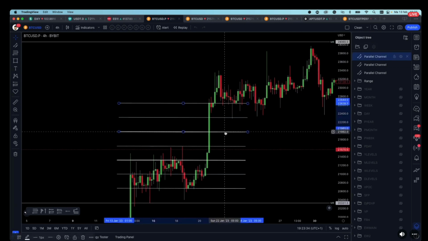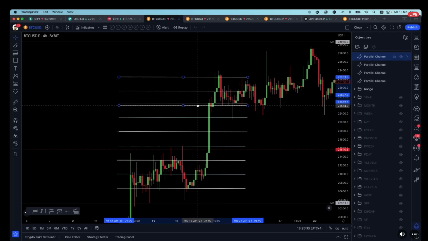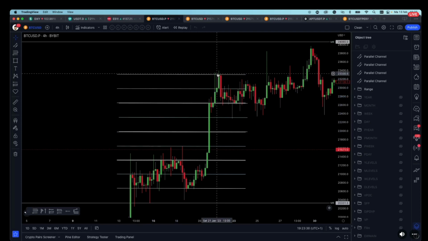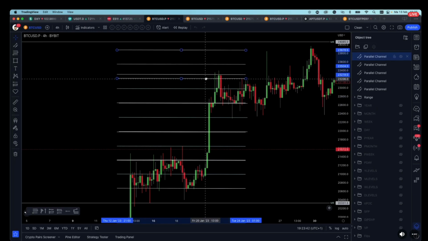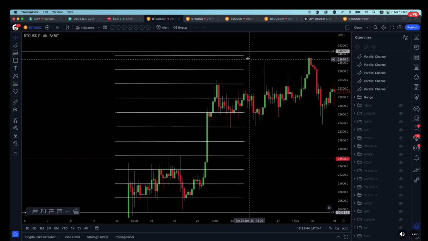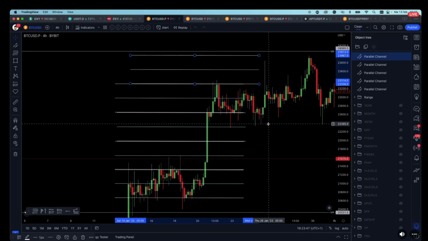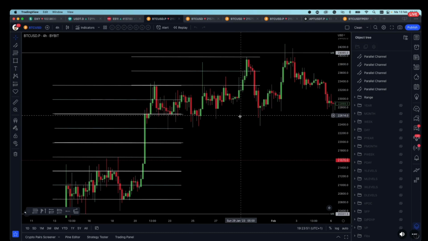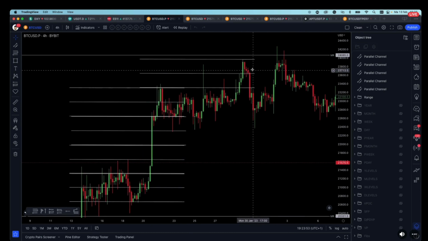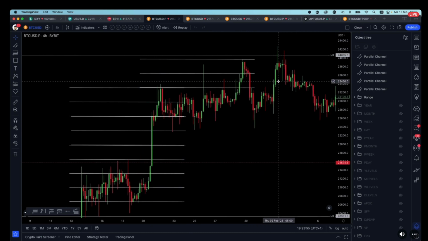And if you even copy it another time, you see the top of the range. If you do it another time, then you basically had the top over here. And then a little SFP from your higher mid-range.